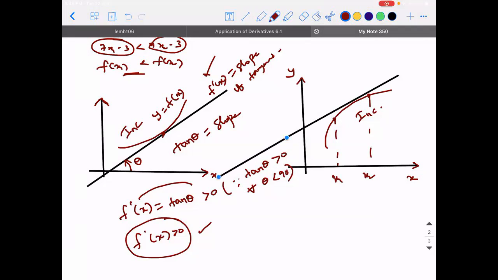It is still going to make an acute angle. And that is the reason why we say f dash of x is greater than 0 in the given interval a to b. Guys, am I clear? Yes, sir.